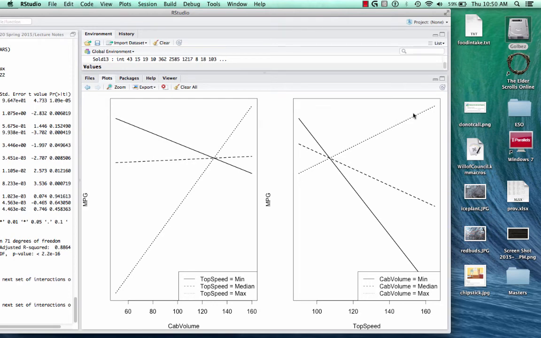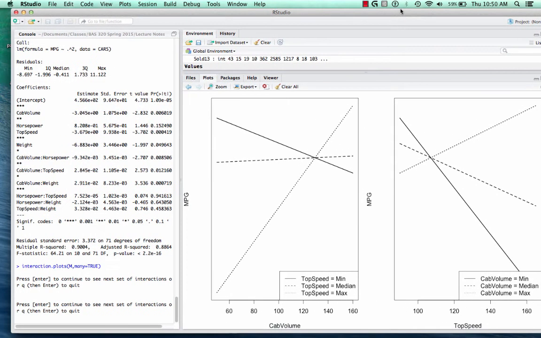So the story is that the relationship between fuel efficiency and top speed diminishes as the car gets bigger up to a certain point, at which it starts to increase and become positive. So it starts out negative, diminishes as the size of the car gets bigger, and then becomes somewhat positive for very large cars.